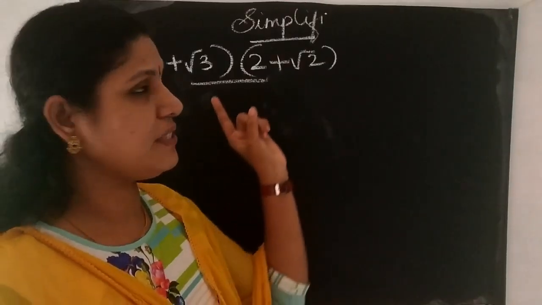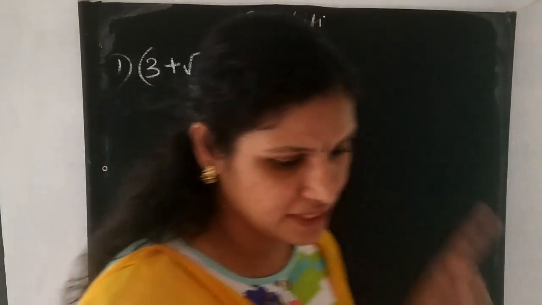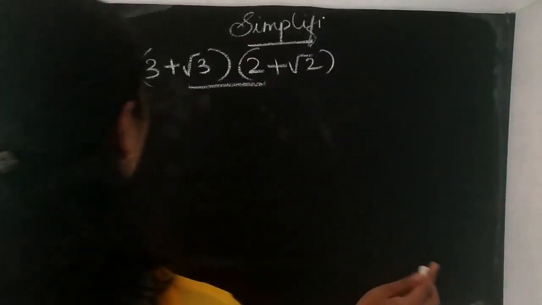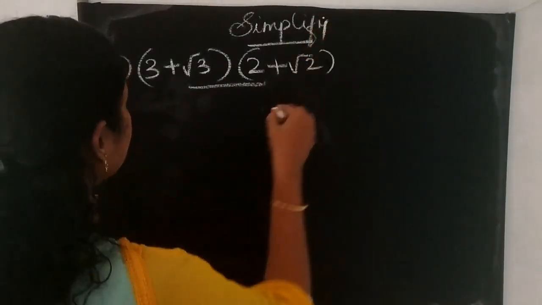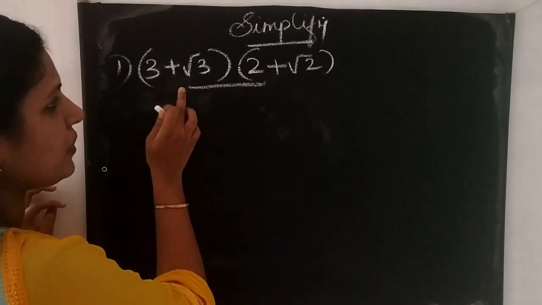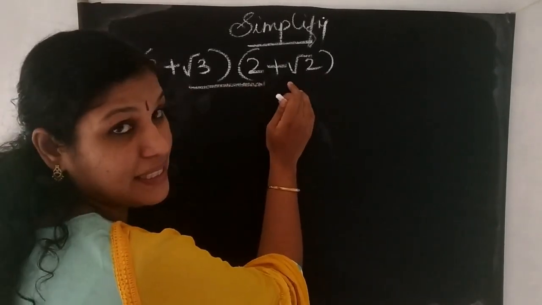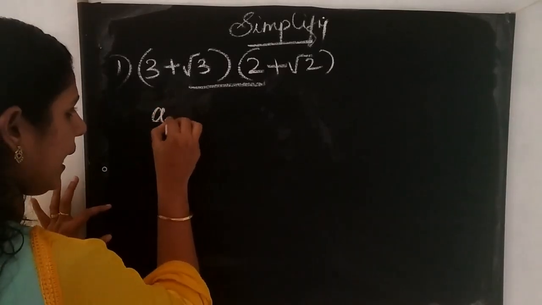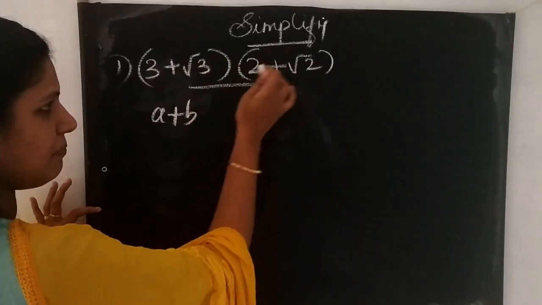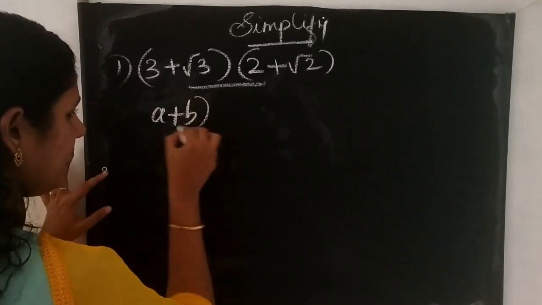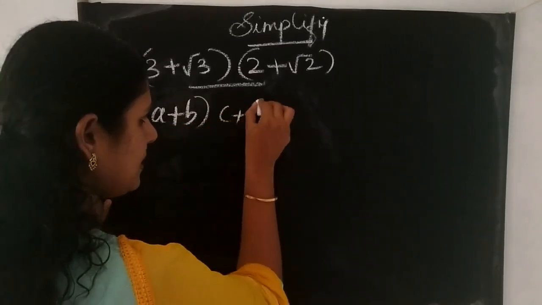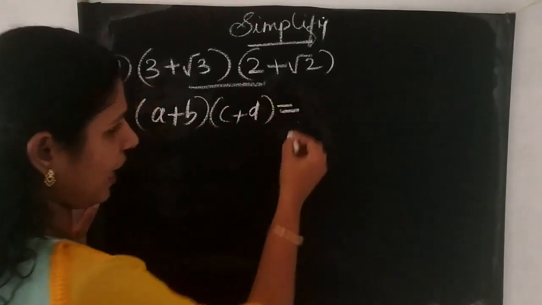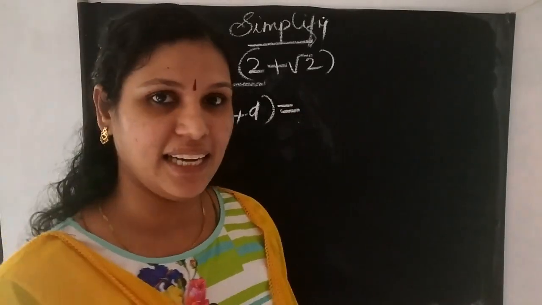The first question is simplify: 3 plus root 3 into 2 plus root 2. Here the identity is A plus B, but the numbers are different, so our identity is A plus B into C plus D. These identities you have studied in 7th standard.